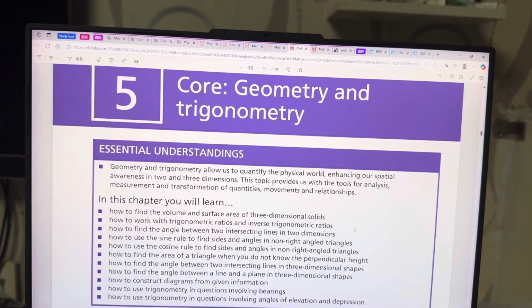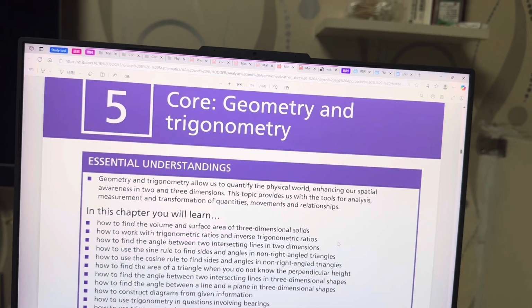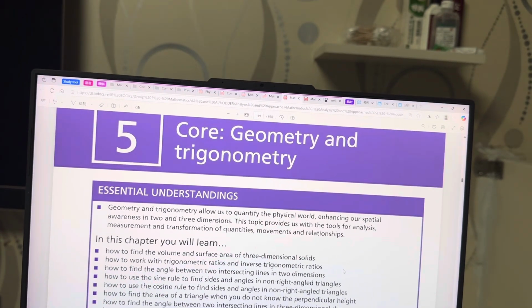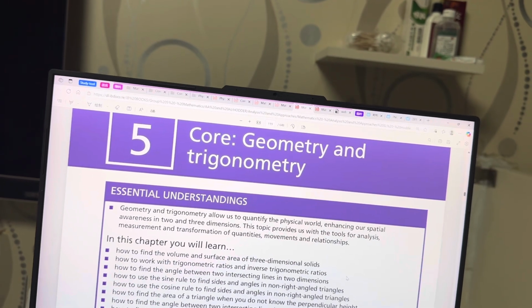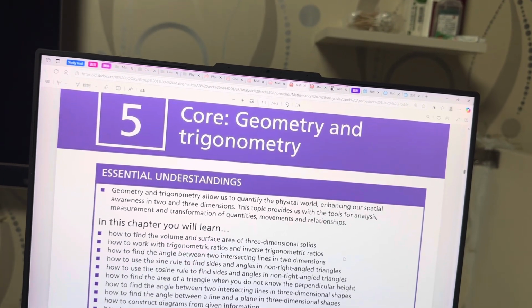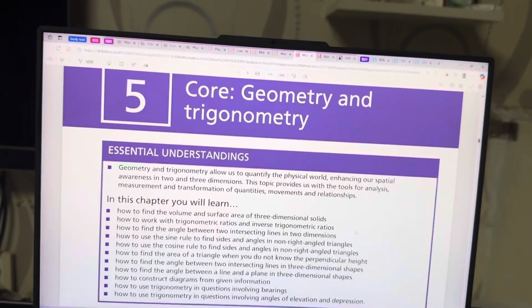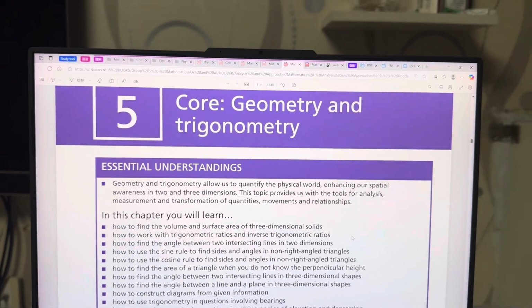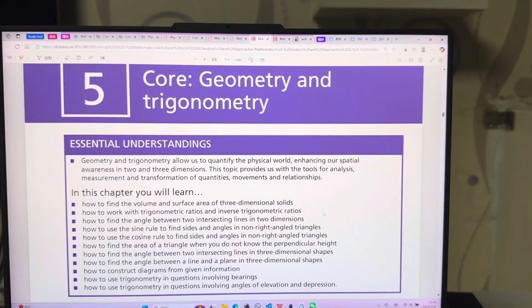But if two lines are perpendicular, then the gradient of the first line m1 times the gradient of the second line m2, m1 times m2, is equal to -1. I think you guys already learned this with Miss Blue, so I will just skip it.